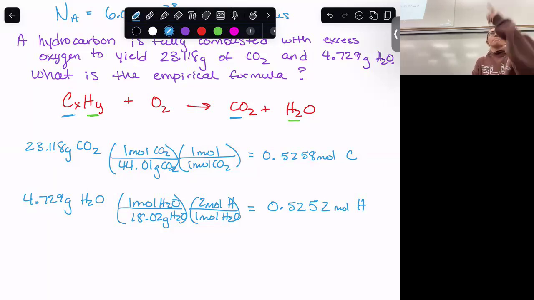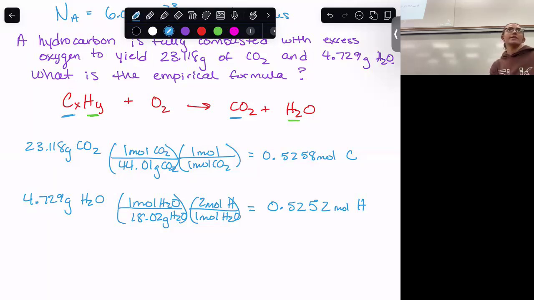Okay, and what do we do? Yep. Like, when do you stop writing numbers? Usually for the original, I see that there are 4 sig figs in my original mass for the hydrogen, so I give myself 4 sig figs for the number of decimal places.